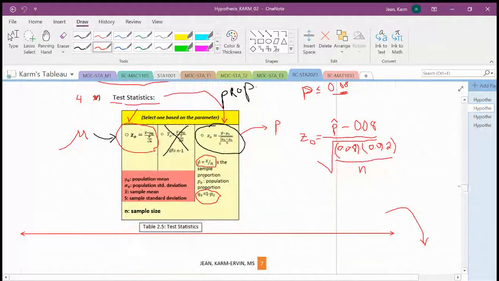So as you can see, this is the formula. Z sub 0 is equal to P hat minus P sub 0 over the square root of P0 times Q0 over N. P hat, by definition, is X over N, and Q0 is 1 minus P0. Okay?